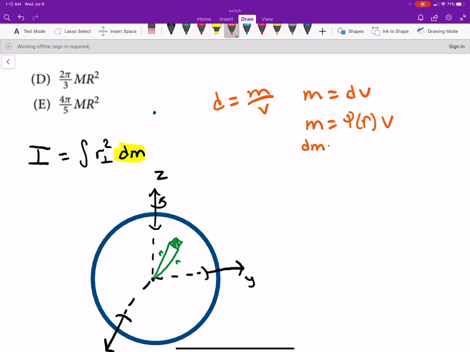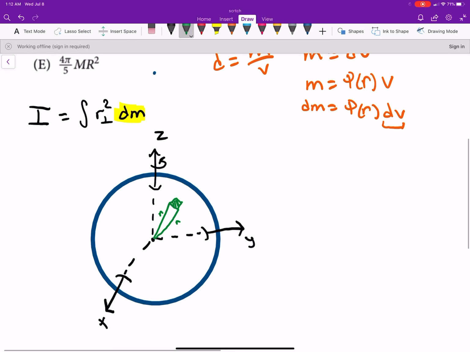If we write it as a differential, this dV is what we're really interested in. We want this chunk of volume in this little square mass we're taking out. We want to know this small piece of volume. That's really the point of this drawing.